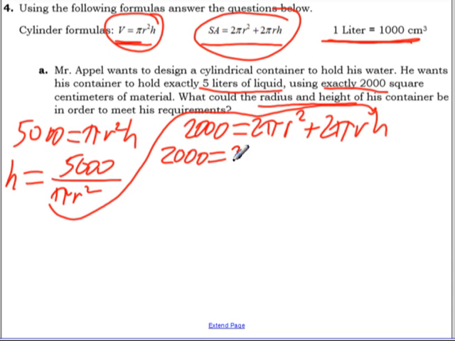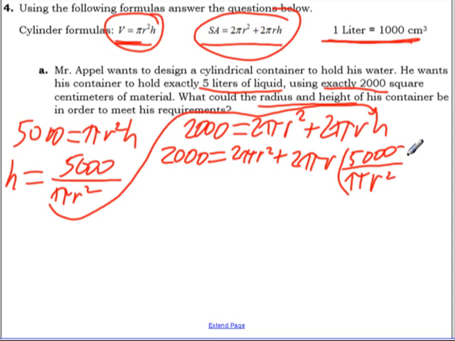Okay, so I get 2,000 equals 2 pi r squared plus 2 pi r h, but of course that h is now being substituted for with 5,000 over pi r squared. And now I have one equation that I can try to solve for r. I can try to find out what values of the radius would make this equation true. And that's something I'm going to do with the calculator.